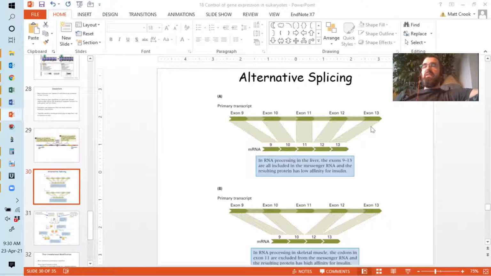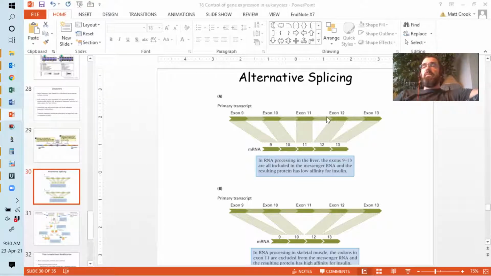So for example, this is part of a gene that's expressed in the liver that is insulin responsive, right? So it responds to levels of insulin. I don't actually know what the protein is. And it's a huge protein, right? So there's at least 8 other exons to the left. I don't know if exon 13 is the last one or not. But either way, when they're all spliced normally, right?